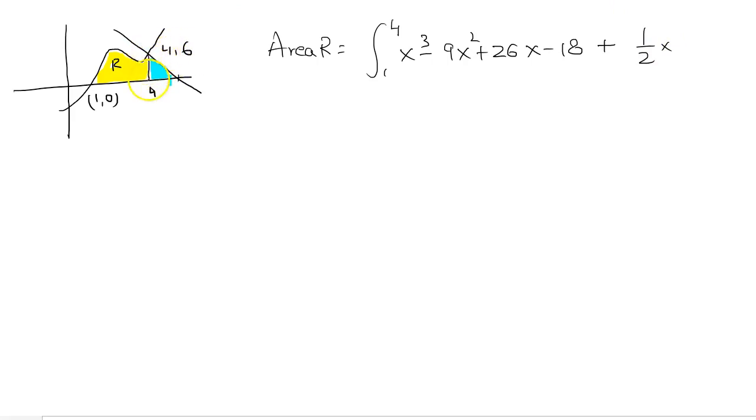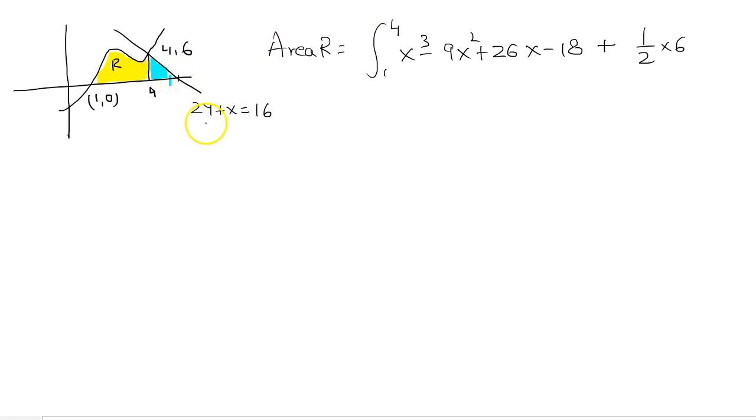It means the y is 6. And what is this point? The equation of this normal is 2y plus x is equal to 16.